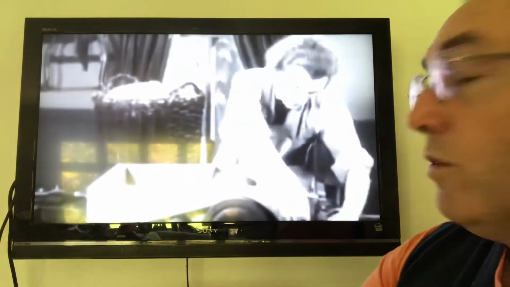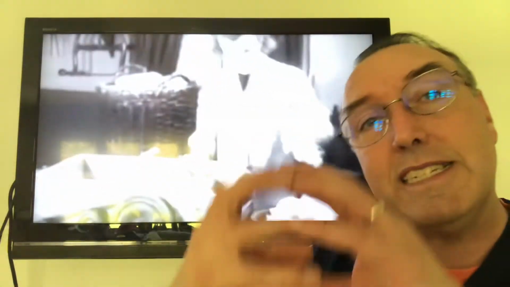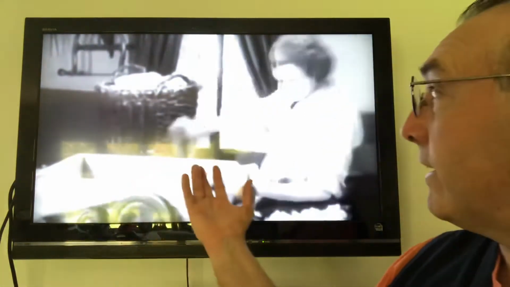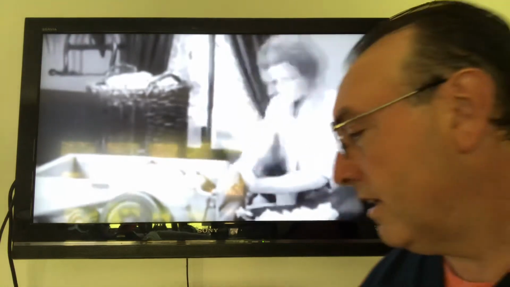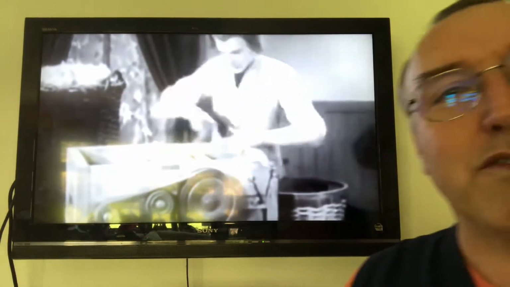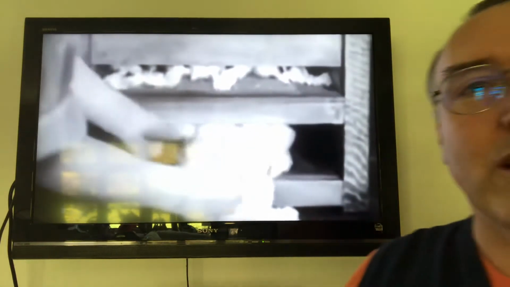You feed the cotton in one side, and you crank the handle, and the seeds come out one side, and the raw cotton comes out. Here he is cranking away, and all of a sudden it separates the seeds from the cotton fiber. There he is. He's feeding in more cotton. And there's our clean cotton coming out the other side, and the seeds on the other side.